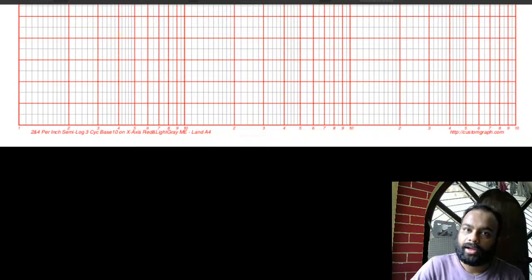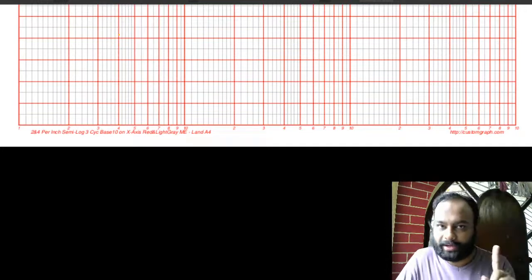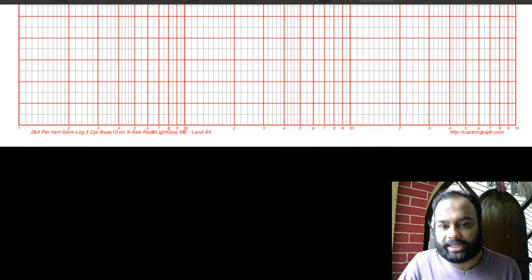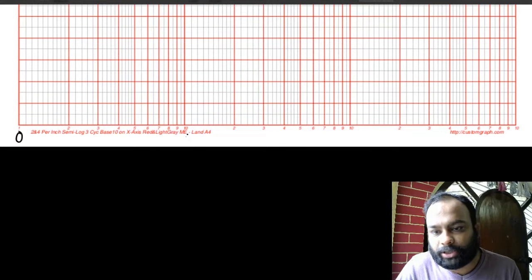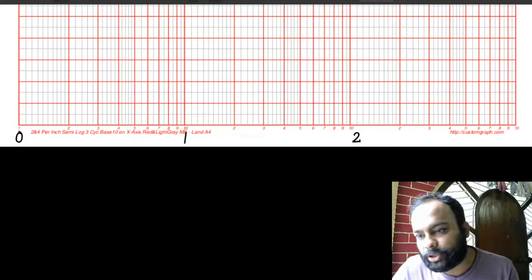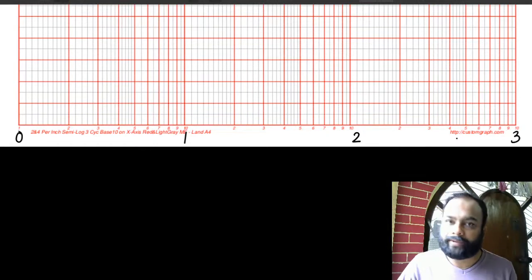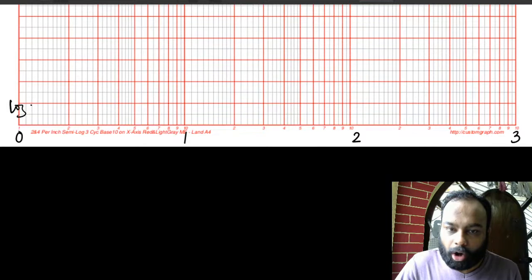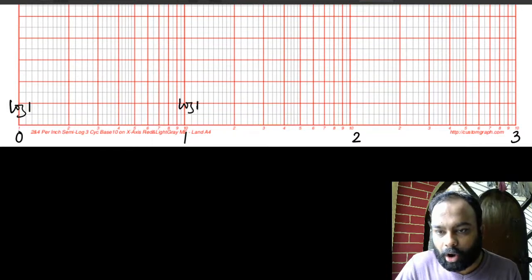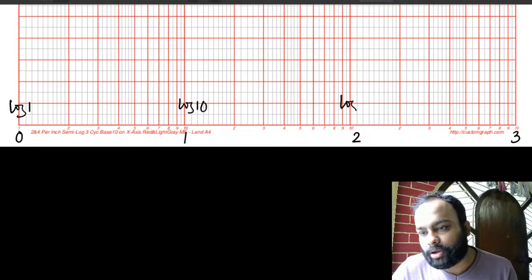Okay. Now again, let's go back to the initial idea we had. Initially, we considered this to be length 0, length 1, length 2, and length 3, right? And accordingly, this gave me log 1, this was log 10, this was log 100, this was log 1000, right?